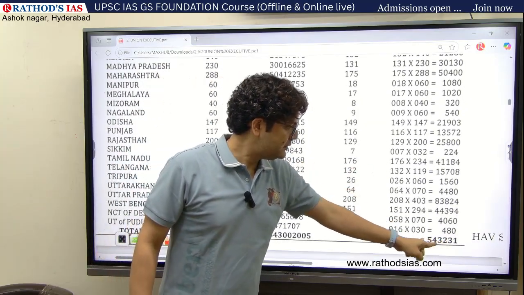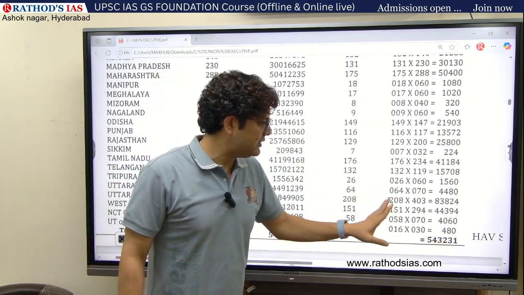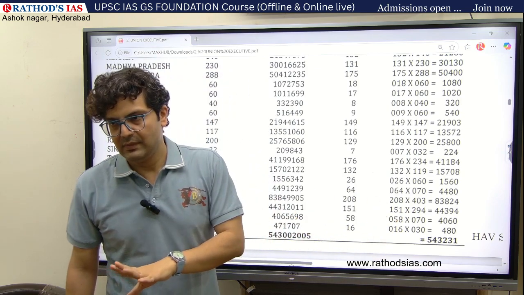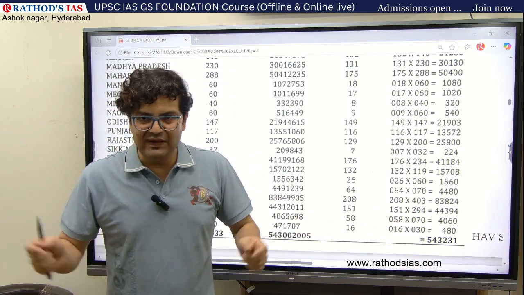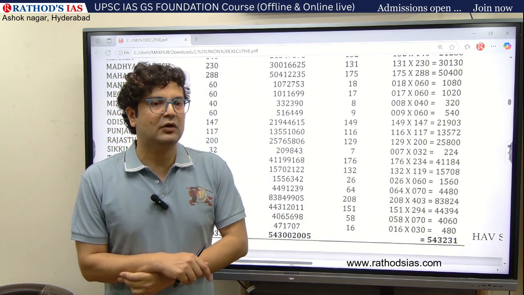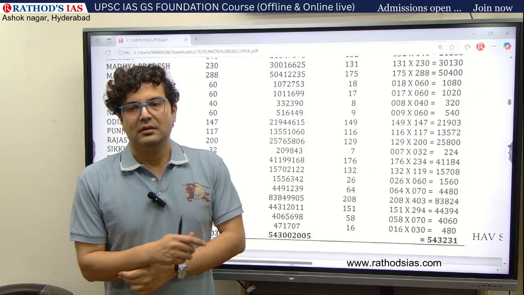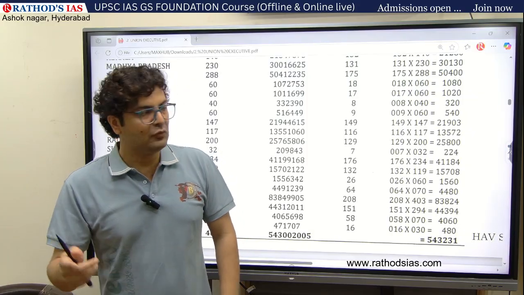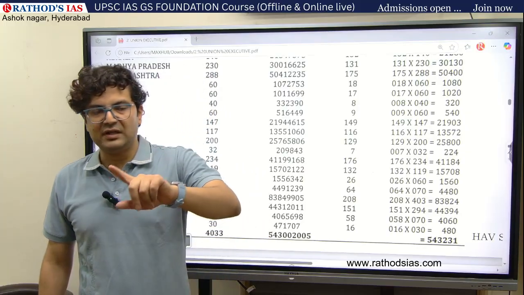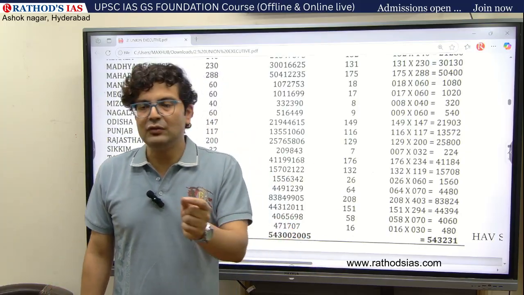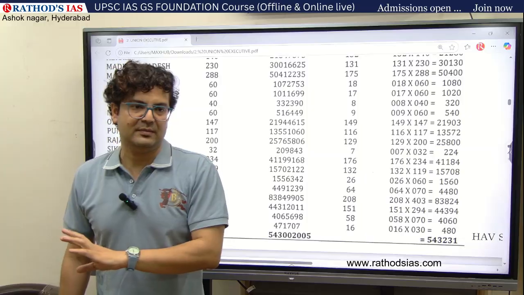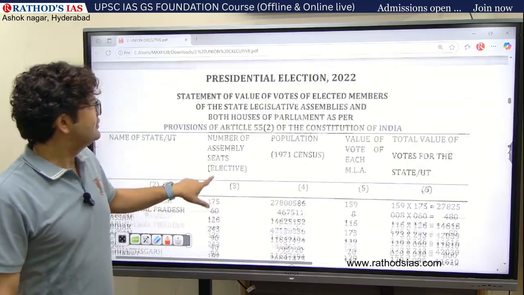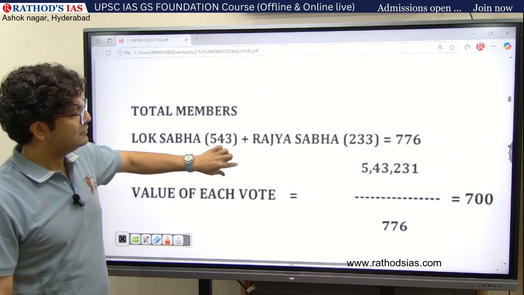This is the number, 5,43,231. And then we divide this by the number of all elected MPs. So what is that number? 543 in the Lok Sabha and 233 in the Rajya Sabha. So this is what you get.